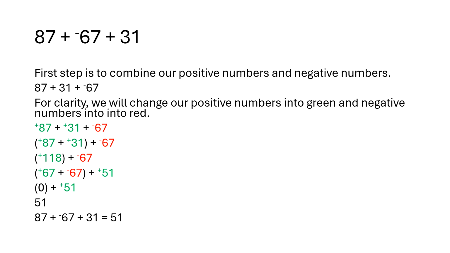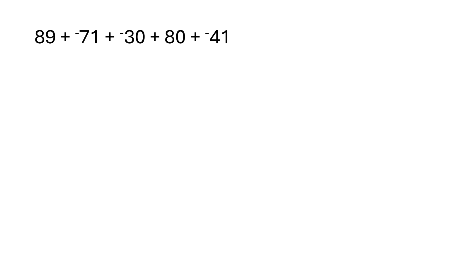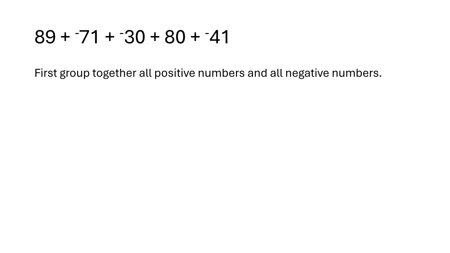In this math problem, we have 89 plus negative 71 plus negative 30 plus 80 plus negative 41. First, we group all our positive numbers and all of our negative numbers. So basically we're combining them, all positives and all negatives.